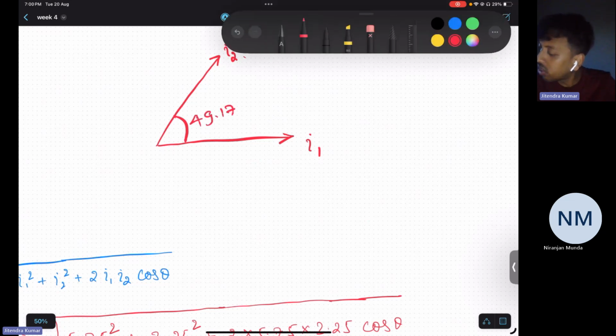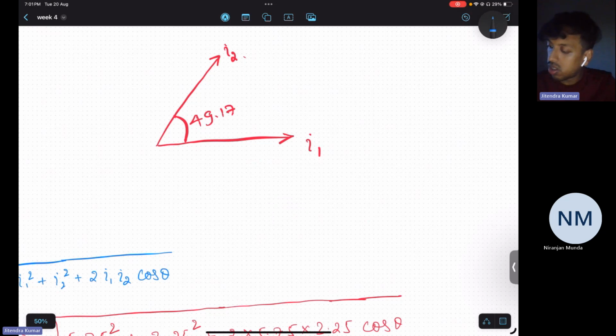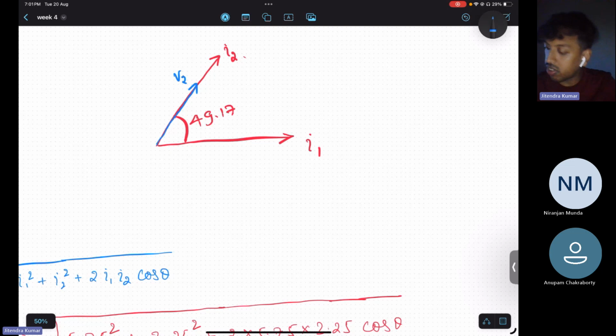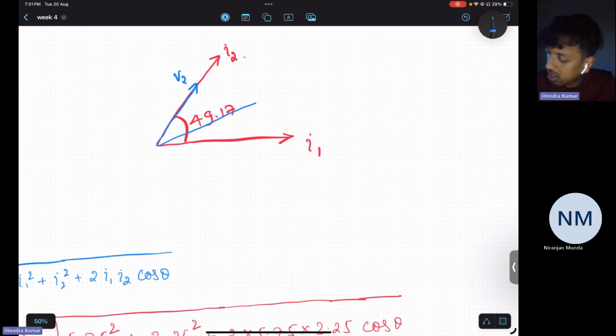So can we draw the phasors for V1 and V2 now? Can I say this will be the phasor for V2? Yes. V1, what to say? Just lagging power factor, below, just below V2 and above I1. Yes, sir. This one is V1.